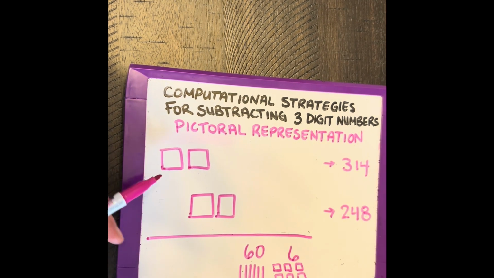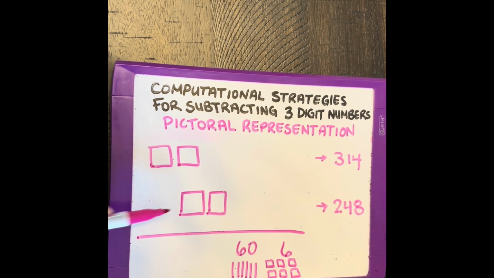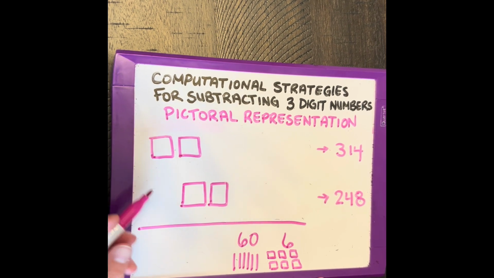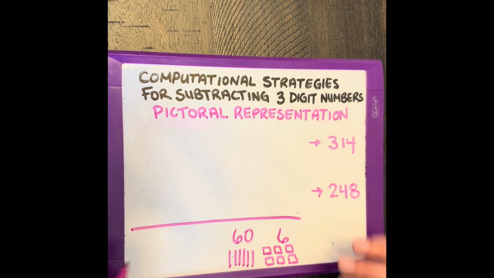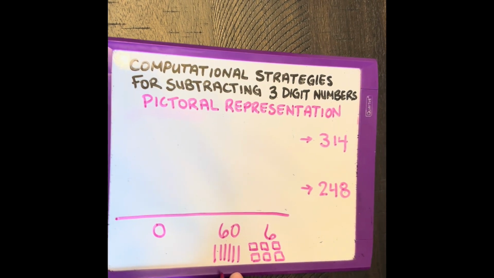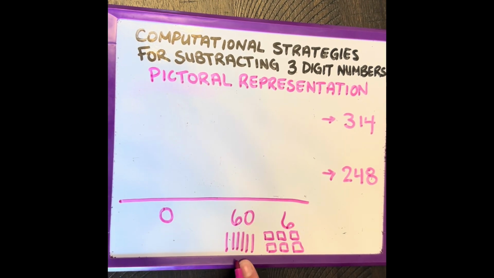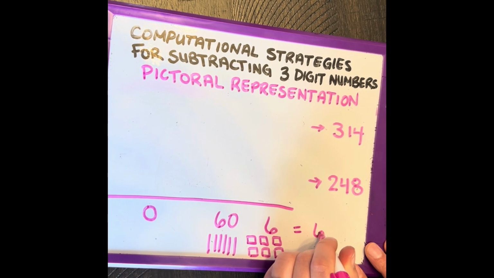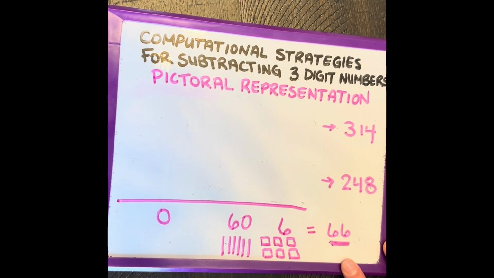All right, lastly, we're going to see here that in our hundreds place value, we have 2 flats and 2 flats representing 200, subtract 200, which ultimately cancels out, giving us 0. At the bottom here, you can see we have our 6 rods and our 6 units. If we add these together, it gives us a total of 66, the same answer we completed our concrete model with.